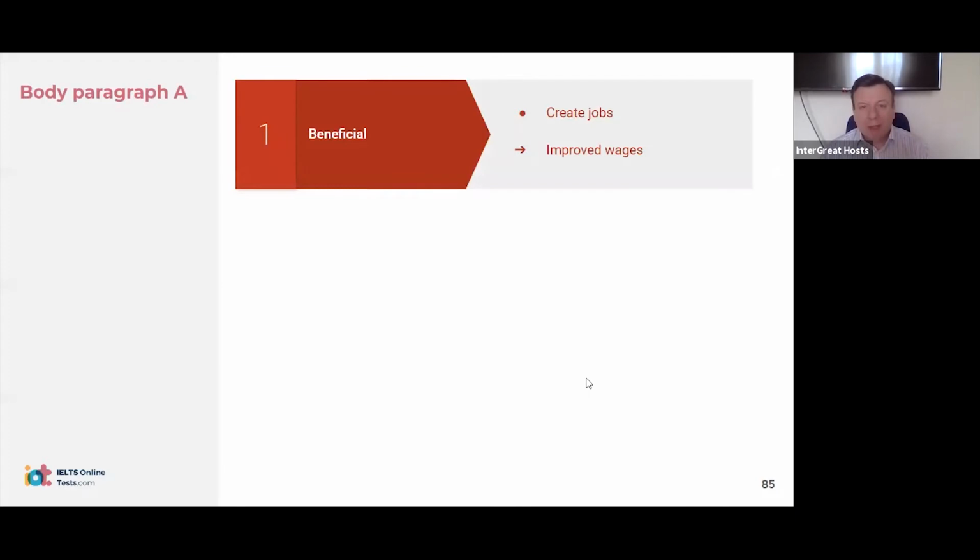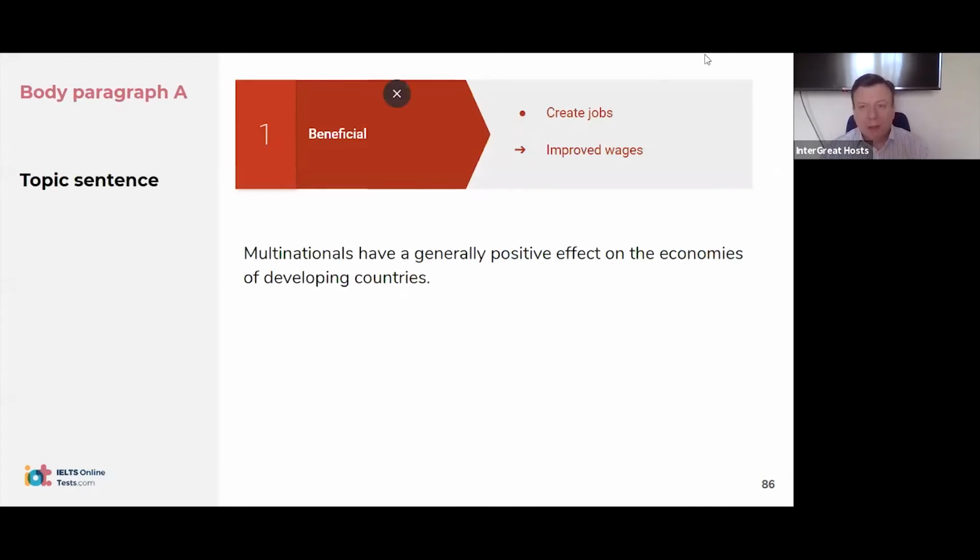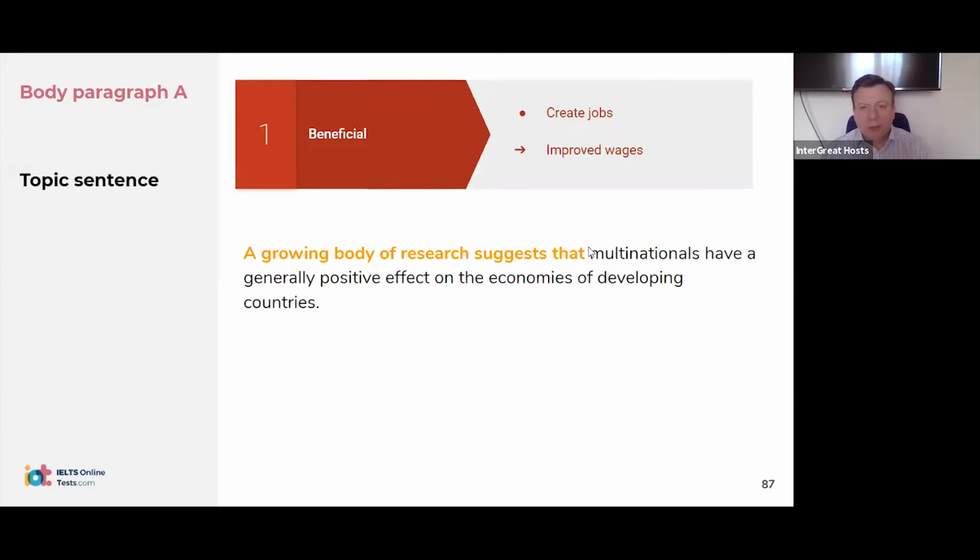All right, body paragraph A. So we need a topic sentence. So multinationals have a generally positive effect on the economies of developing countries. So we've got a nice linking phrase. A growing body of research suggests that multinational companies generally have a, okay.